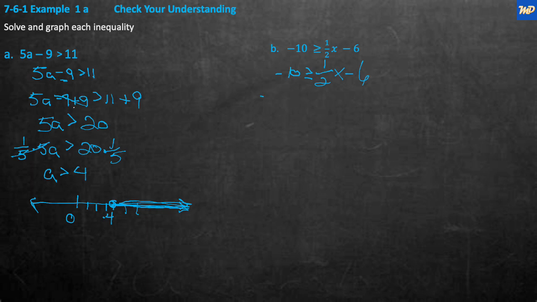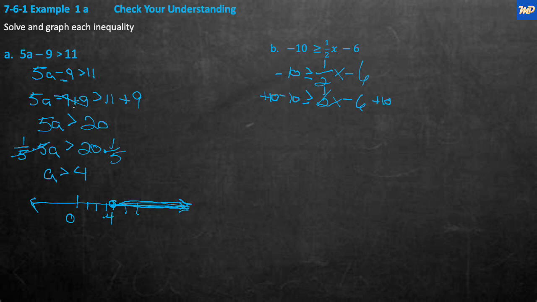So I'm going to say plus 10, minus 10, and on this side here, is greater than or equal to 1/2 x minus 6 plus 10. Okay, so now we've got the 10 moving.